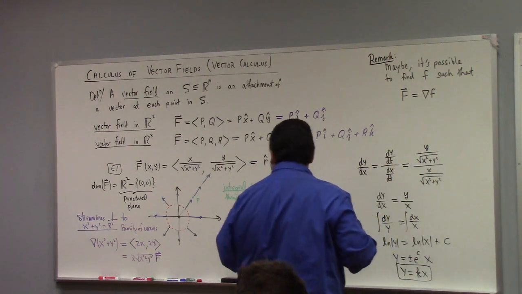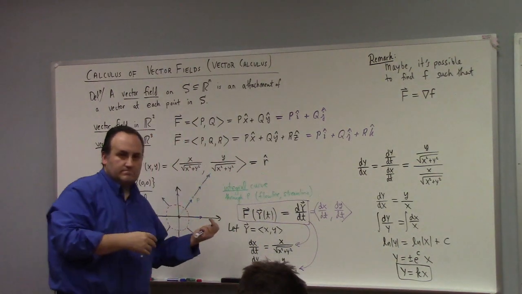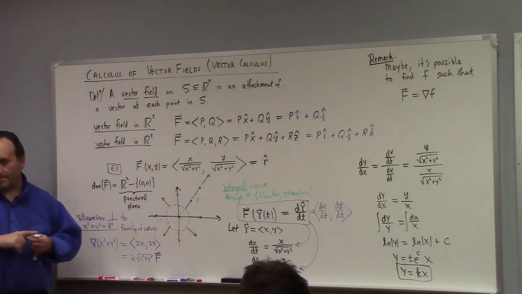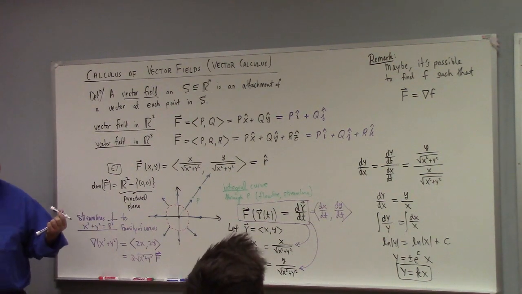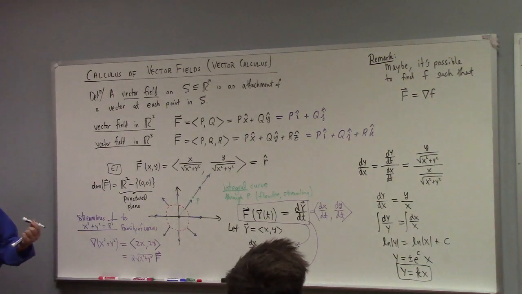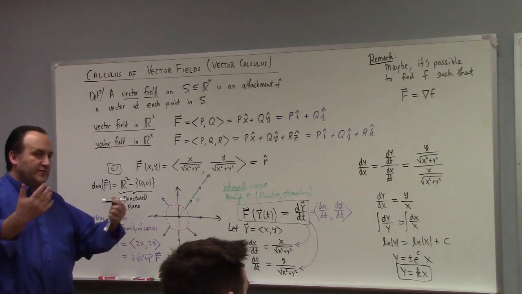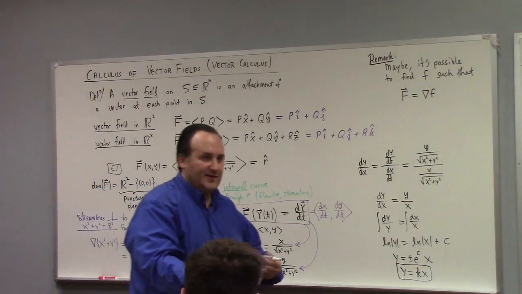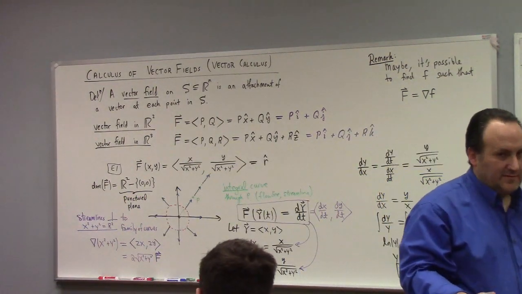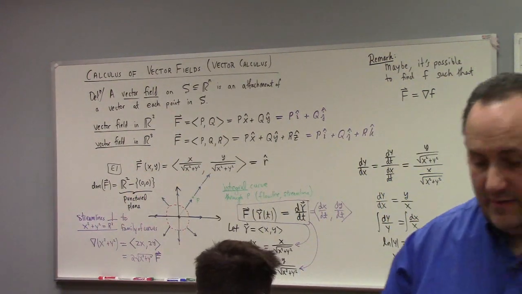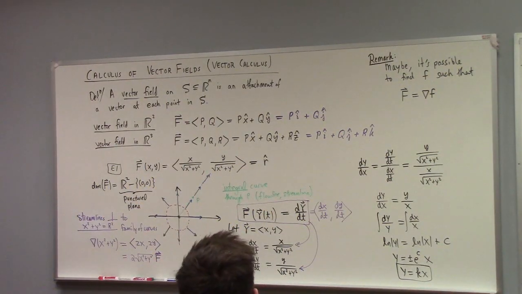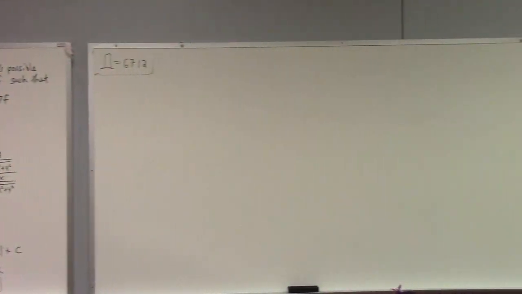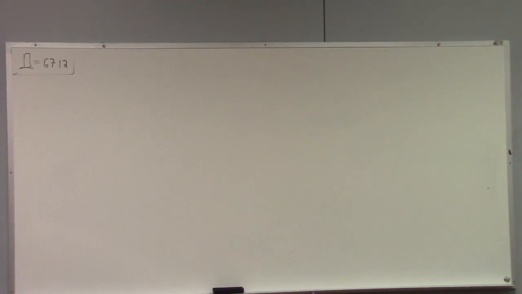With this particular example, can I do it? You guys have had this problem in homework already, right? I've asked you this question before. Find the function whose derivative matches the vector field. I didn't call it a vector field, but you have done the calculus for this task already. And I can foolishly try to do it for our example right now because I really don't know if this is going to work out.